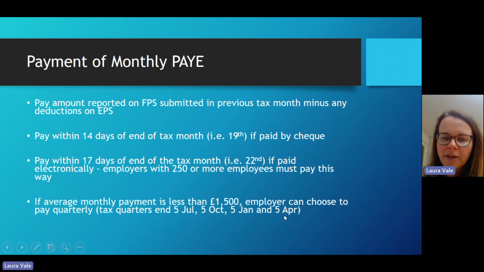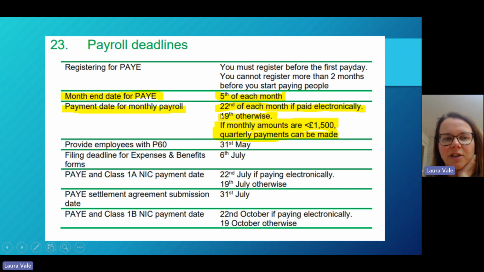Then another 3 months, May, June, July, another 3 months, August, September, October, etc. And all of that information pretty much is given to you in the exam. So month end date for PAYE, the 5th of each month, the payment date, the 22nd of the month if paid electronically, otherwise the 19th, and if the monthly amounts are less than 1,500, then quarterly payments can be made.